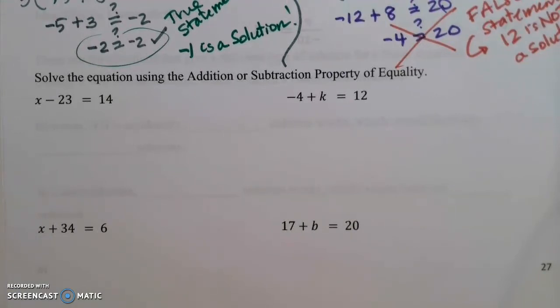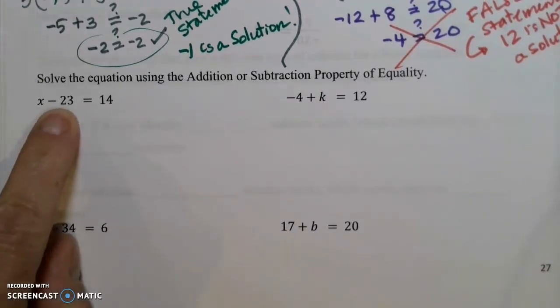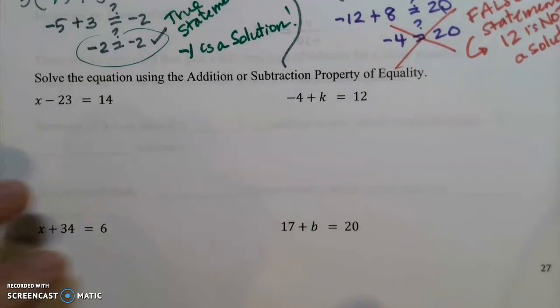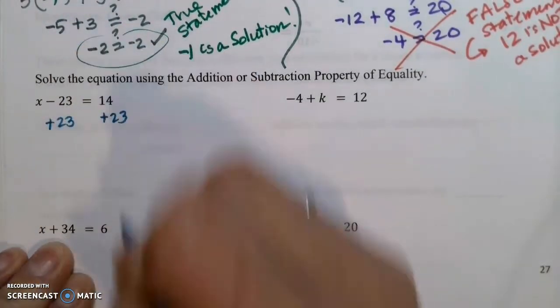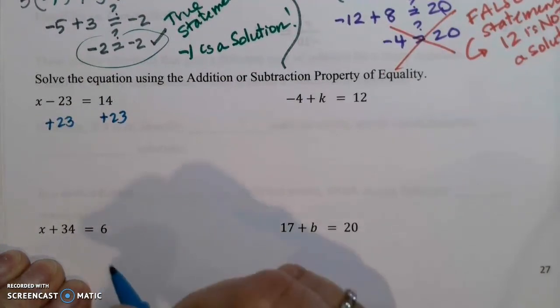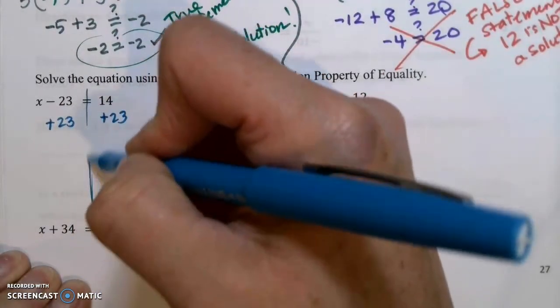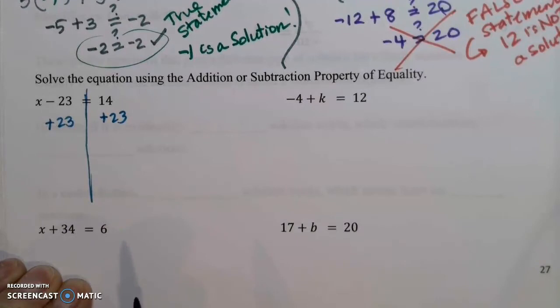All right, so using the addition or subtraction property of equality. And remember, we're also thinking about undoing. So here we have x minus 23, so we want to undo subtraction. We're going to undo subtraction by adding 23 to each side of the equation. Remember, I'm keeping it balanced. Sometimes it helps people to put a line there to separate the two sides of the equation.